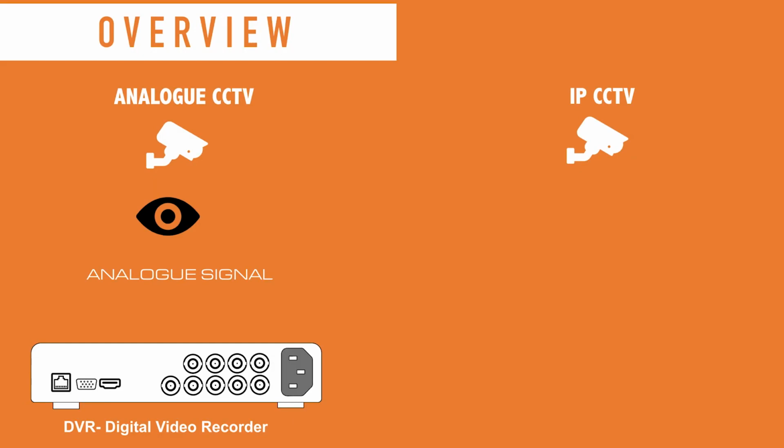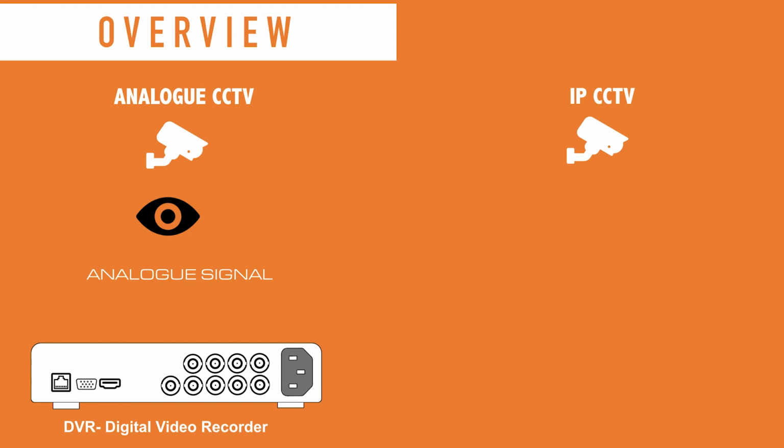If we begin with an overview, analog CCTV is like having an eye connected to a recorder. That is, it only provides visuals, and hence it's an analog signal sent usually via a coaxial cable known as an RG59, which we'll discuss a bit later, and that gets plugged into what's known as a DVR, or a digital video recorder.